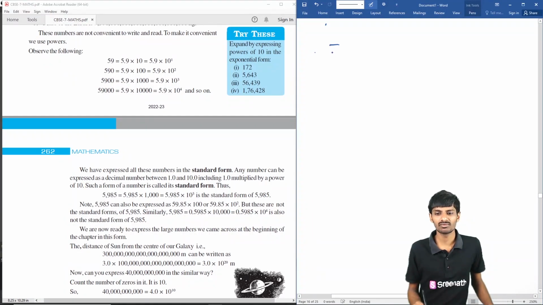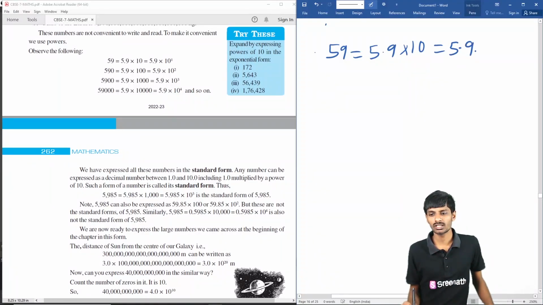Suppose if you are having the 59, you can write it as 5.9 into 10. It is 59. And it can be written as 5.9 into 10 to the power of 1. And suppose if you are having 590, you can write it as 59 into how much? 10. And you can also write it as 5.9 into 100.